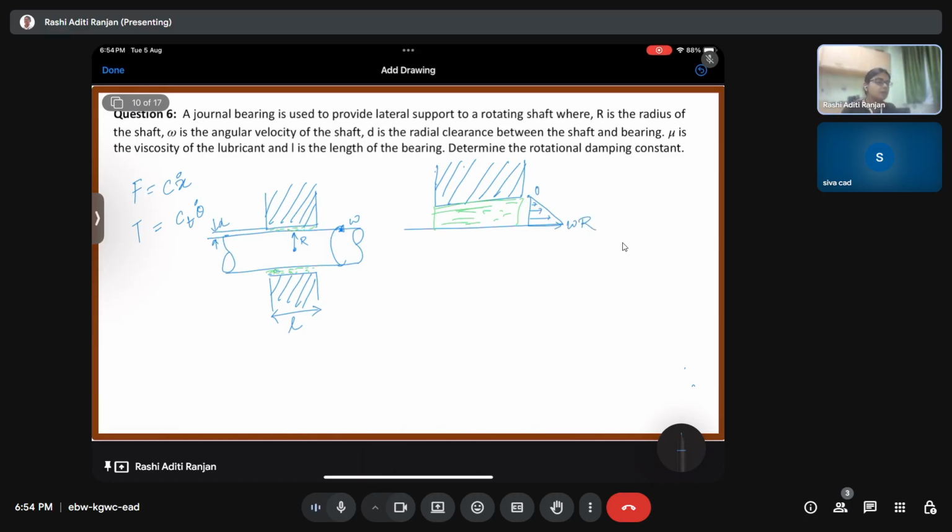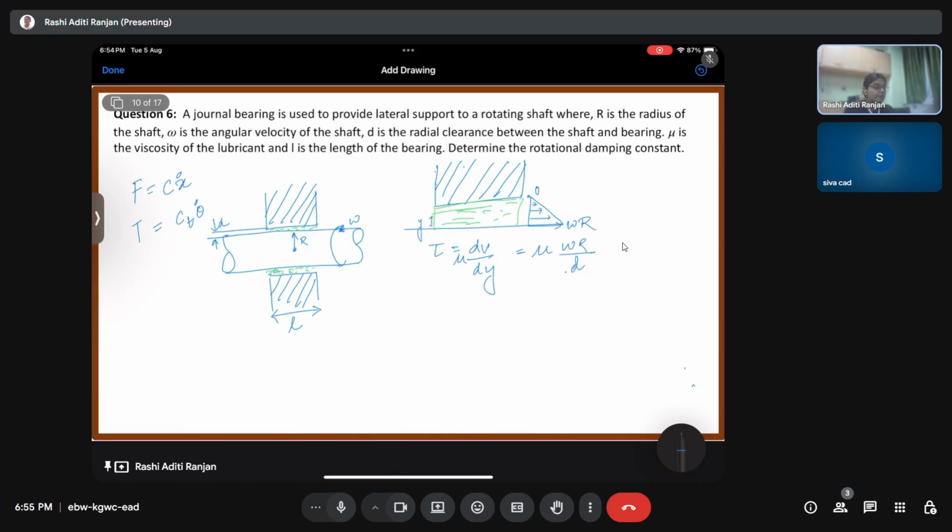Okay, I hope this is clear. Now, if I assume that the variation is linear, then when we talk about the shear stress, which was mu into dV by dr, dV by dr is going to be nothing but omega R by D. Maybe I should not write it as r, I should write it as y, any arbitrary distance y.